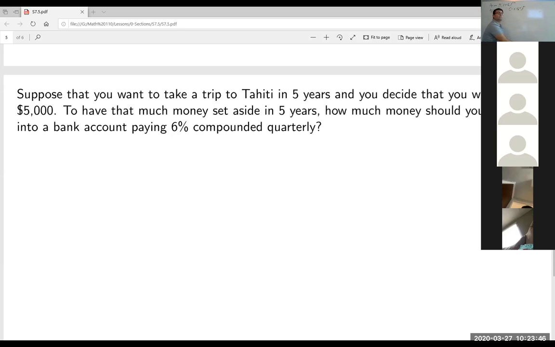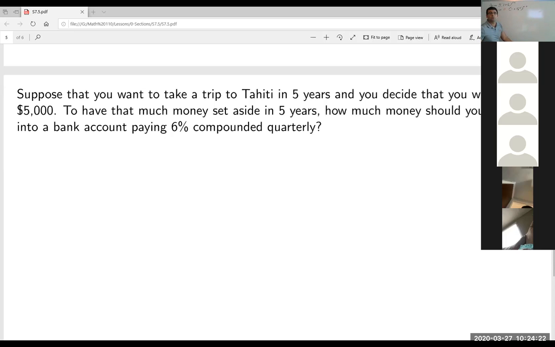Because it's quarterly. Because it happens every quarter of a year, that means it happens 4 times every year. And time would be 5. So in this case, what we're actually looking for is solving for P. Exactly.